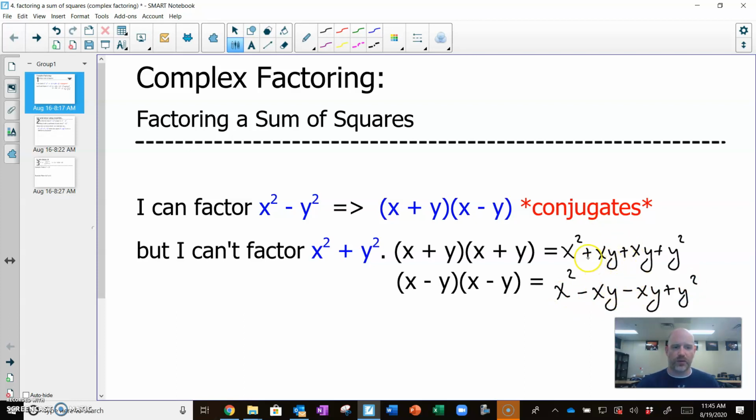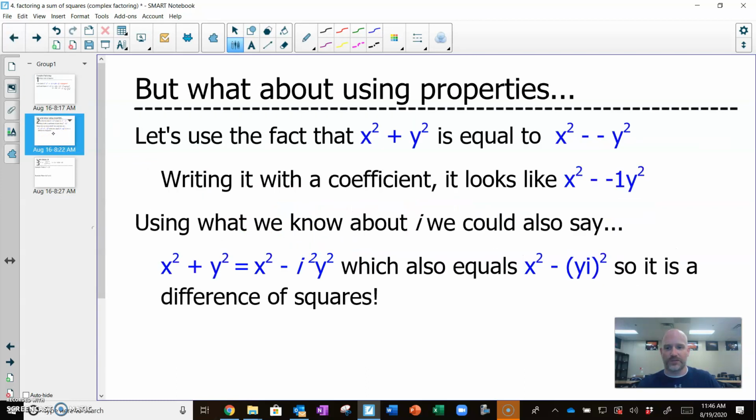So they're not going away. It's just x squared plus 2xy plus y squared, or x squared minus 2xy plus y squared. So how in the heck am I supposed to factor this positive thing? And that's when things start to get interesting.